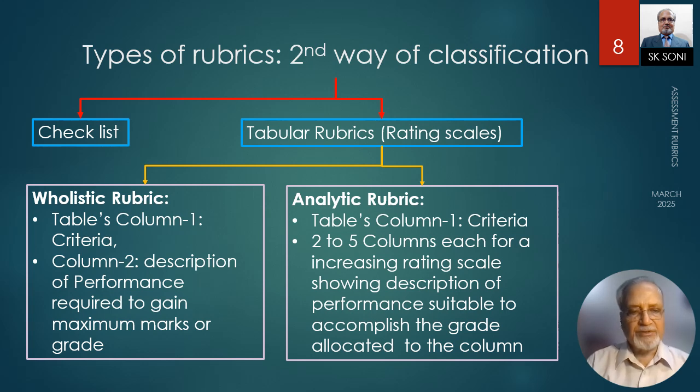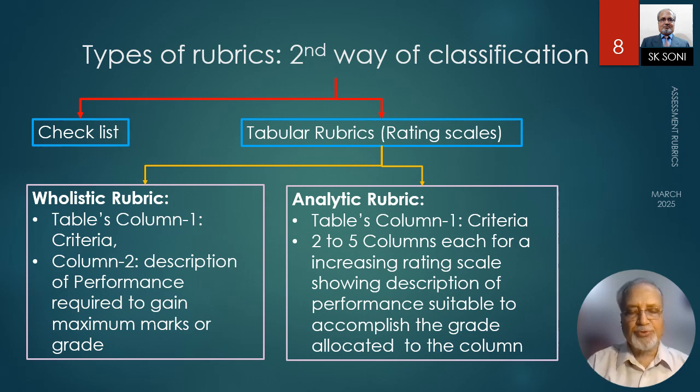Holistic rubric has two columns. In the table column 1 has the sub-skills or steps or criteria of performance. In column 2, the description showing the performance required to gain maximum marks or grade.